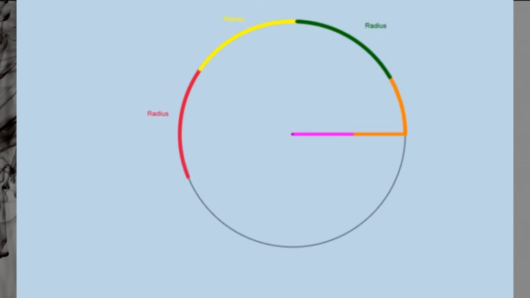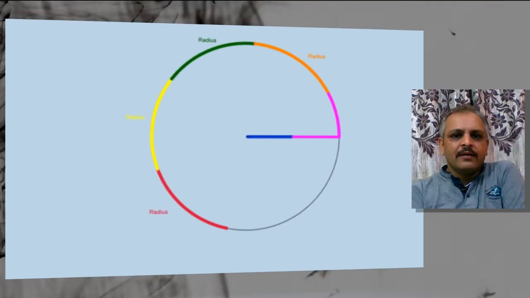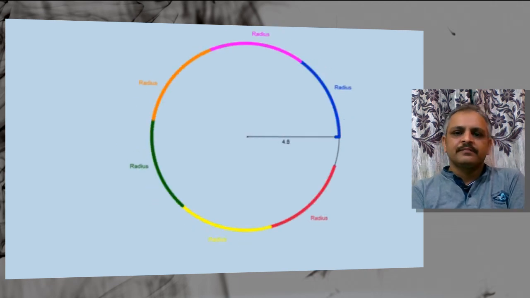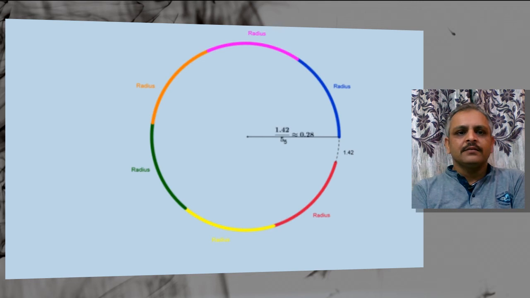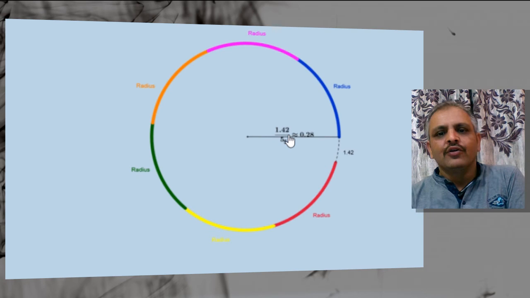So on, if I keep on shifting this radius, it will become now 4 radian. Now it is 5 radian, 6 radian, and then the remaining portion is equivalent to 0.28 radian.